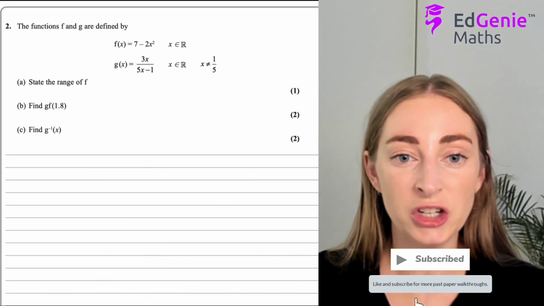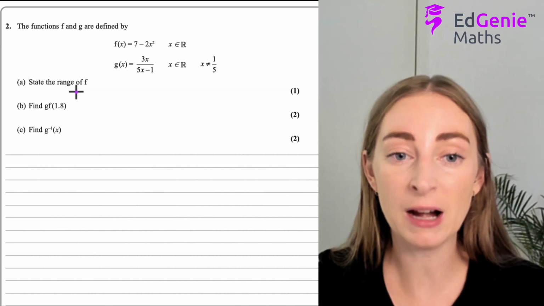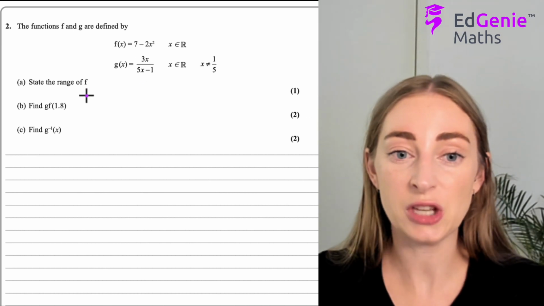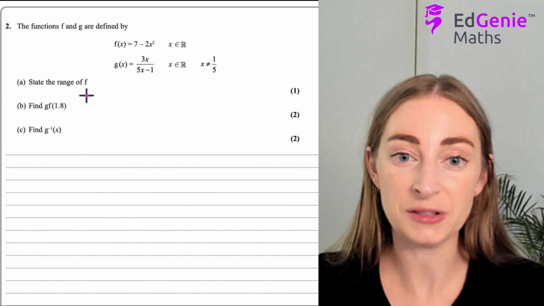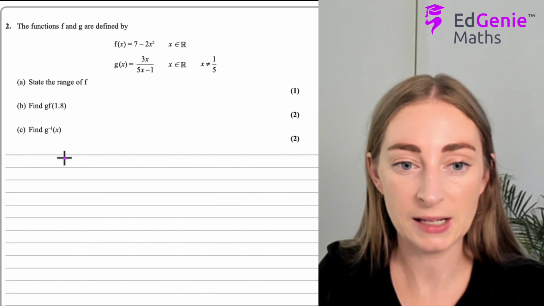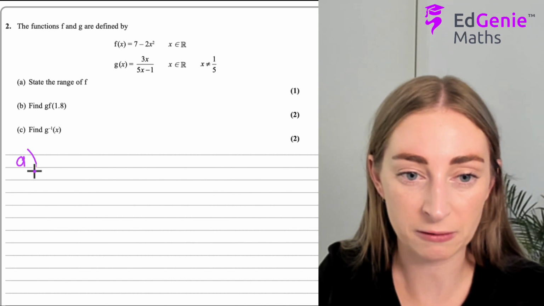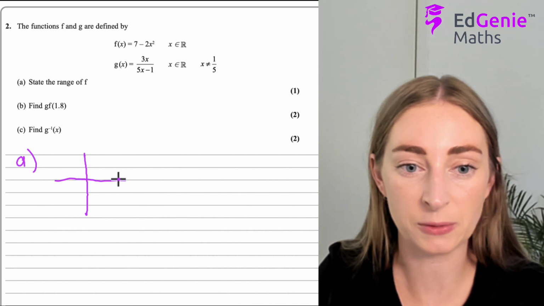Functions f and g are defined by, and they've written them here, state the range of f. So remember, the range is the values that are your output. So the domain is what goes in, the range is what comes out. So let's have a little think about what that graph looks like. So we know what a minus x squared graph looks like.